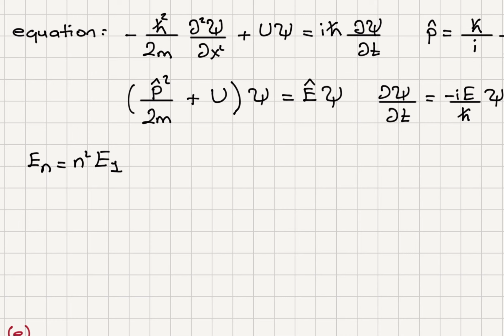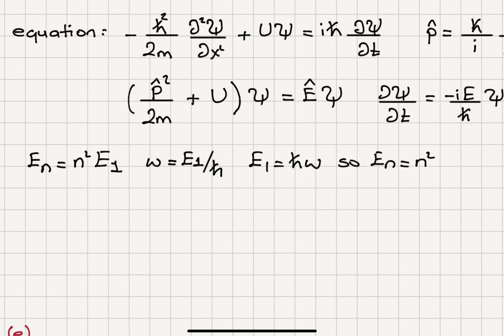And omega is equal to E1 divided by h bar, so E1 is equal to h bar omega. So we can write the energy levels E sub n as n squared h bar omega.